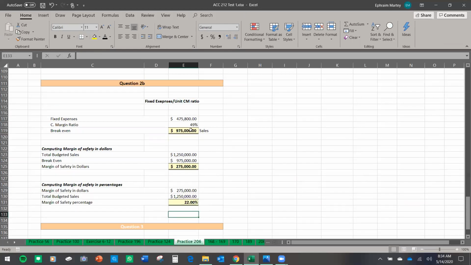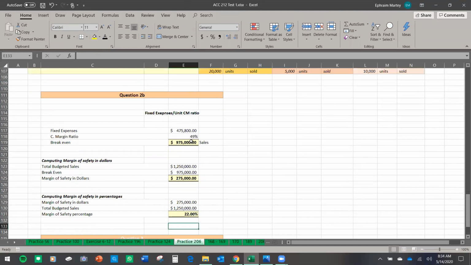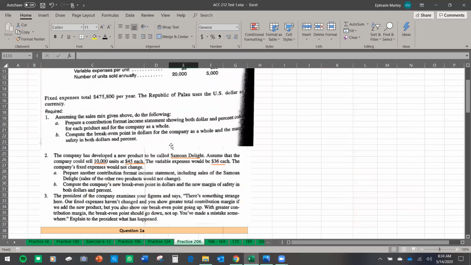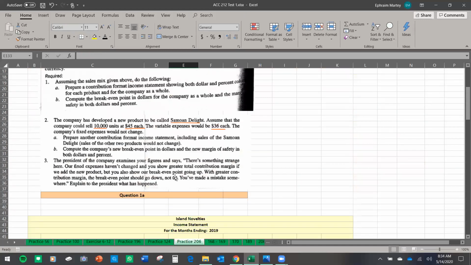So let's move ahead and go to what we call question 3. The president of the company examines your figures and says, there is something strange here. Our fixed expenses haven't changed and you show greater total contribution margin if we add the new product, but you also show a break-even point going up.